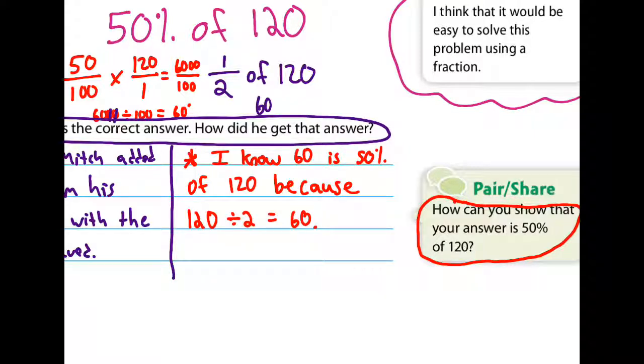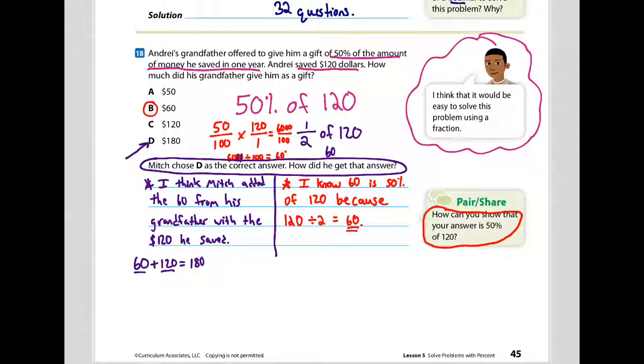Because think about it, 50% is half. So to find half of something, you divide it by 2. So 120 divided by 2 is 60. That's my answer. That is how I know 60 is 50% of 120. So you can have something totally different, but that's my answer.